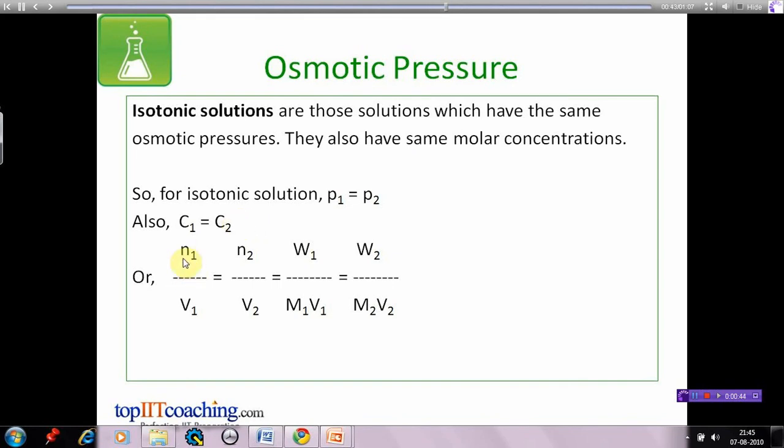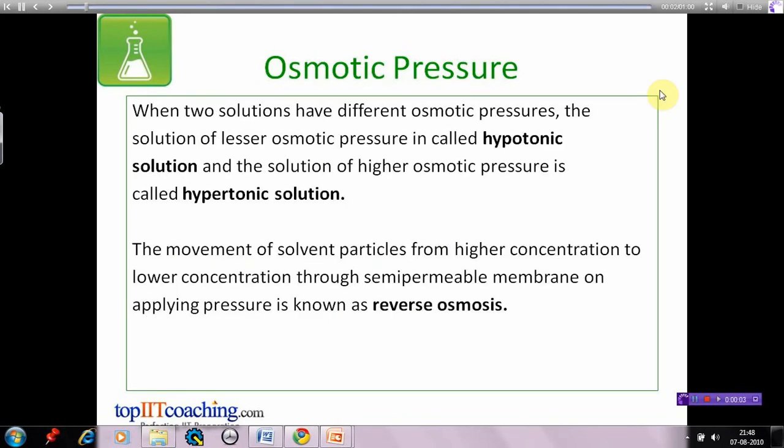Now, the strength of the solution, that is C, can be written as small n divided by V, where n is the number of moles and V is the volume of the solution. So we can write N1 upon V1 is equal to N2 upon V2. Now again, number of moles can be written as weight of the substance divided by its molecular weight. So we can further write W1 divided by M1V1 is equal to W2 upon M2V2.